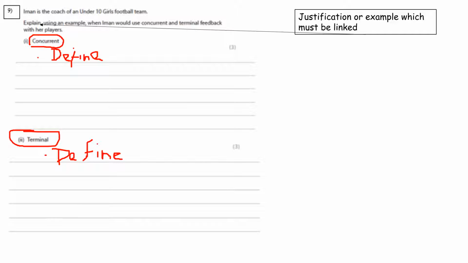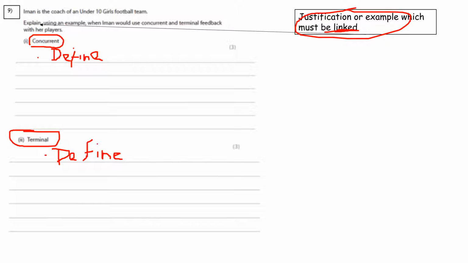Okay, so let's say you've just written that answer in now on your blank question, if you didn't get any marks for giving the definition of concurrent or terminal. If you haven't written it in, write it in now, maybe pause your video. But let's say you've then written that definition in. We then need to think about what the command word means: justification or example, which must be linked.